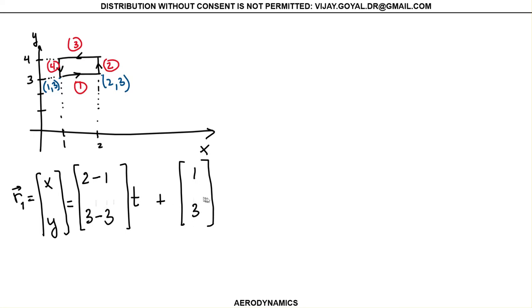So the math is (1, 0) times t plus (1, 3). Oh, I'm so sorry, 2 minus 1 is 1.